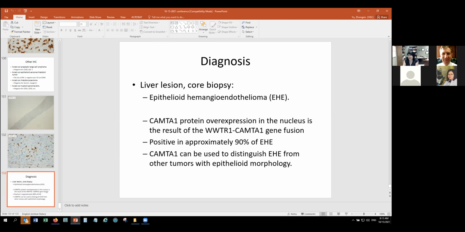I think this is the last case. Very good. Just a quick question from Kalyani, who asks whether you saw vacuoles or blister cells, which are also seen in this sort of case. Is that right, Dr. Yu? For the epithelioid hemangioendothelioma, yeah.